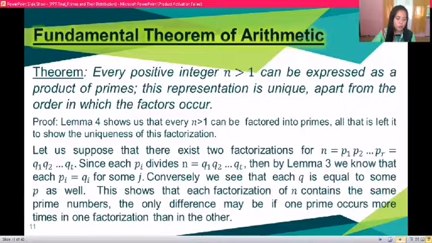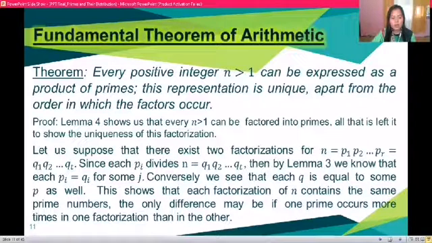Okay, let us suppose that there exist two factorizations for n, which is equal to p sub 1 times p sub 2 times p sub r equal to q sub 1 times q sub 2 times q sub s. Since each p sub i divides n, which is equal to q sub 1 times q sub 2 times q sub s, then by lemma 3, we know that each p sub i is equal to q sub j for some j.